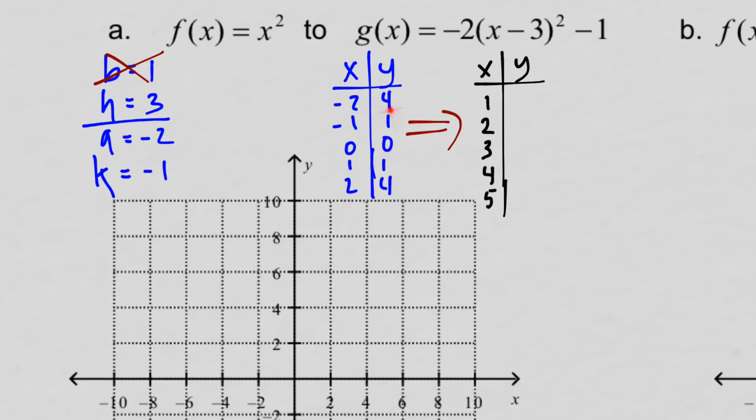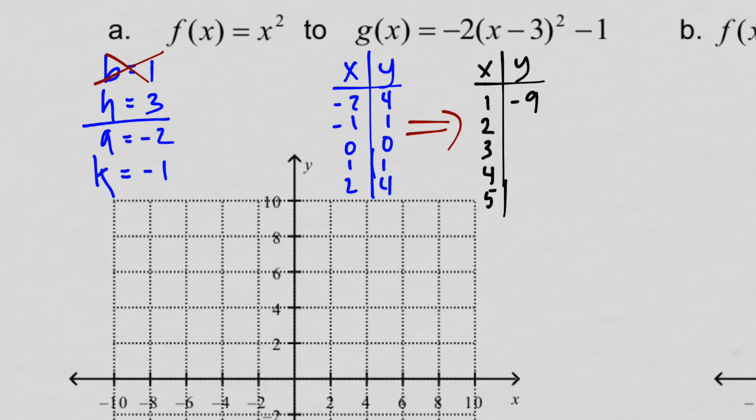Next, you take these, you multiply them times negative 2, then subtract 1. All of these times negative 2, then subtract 1. 4 times negative 2 is negative 8. Minus 1 is negative 9. 1 times negative 2 is negative 2.